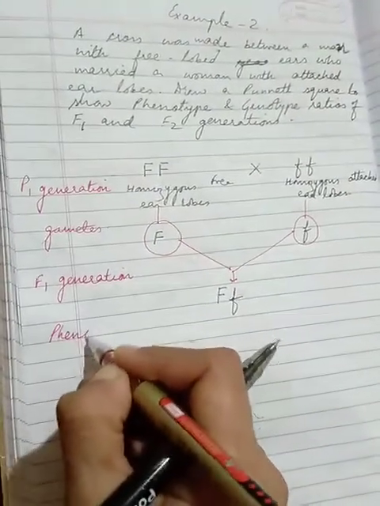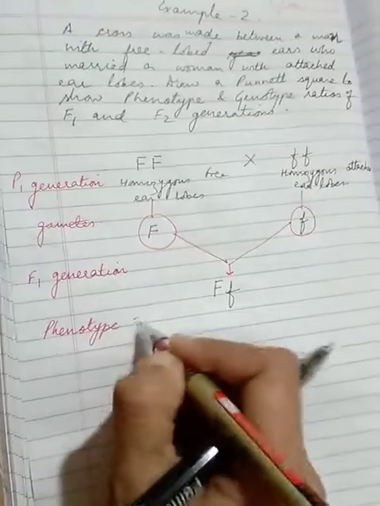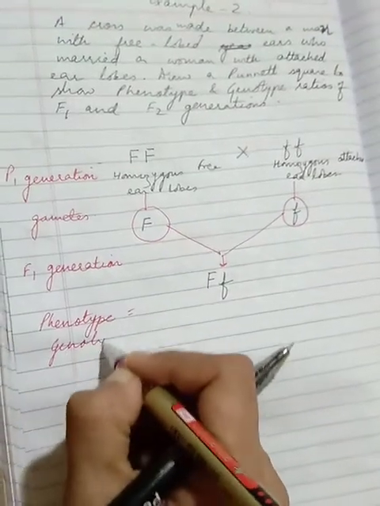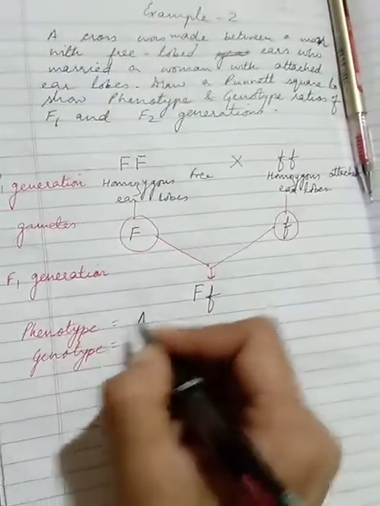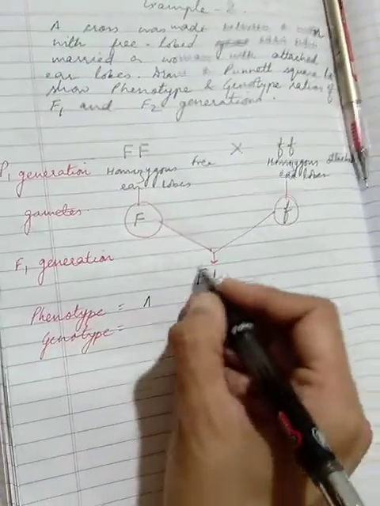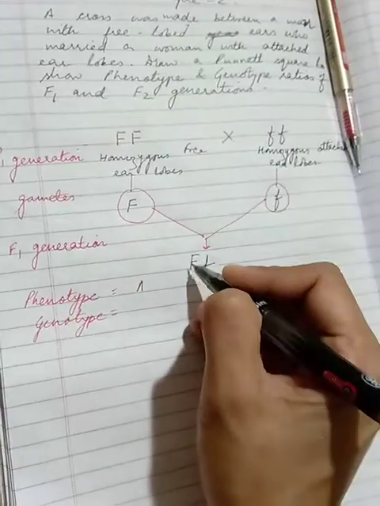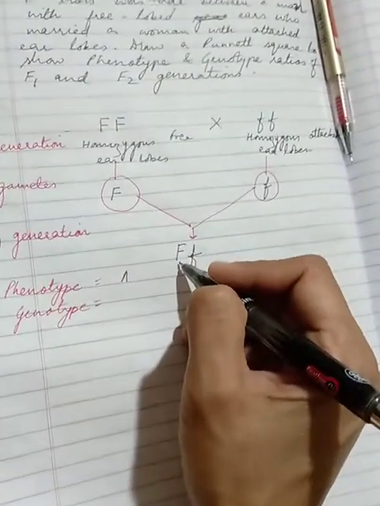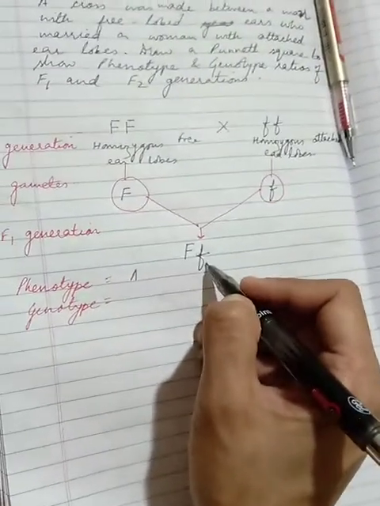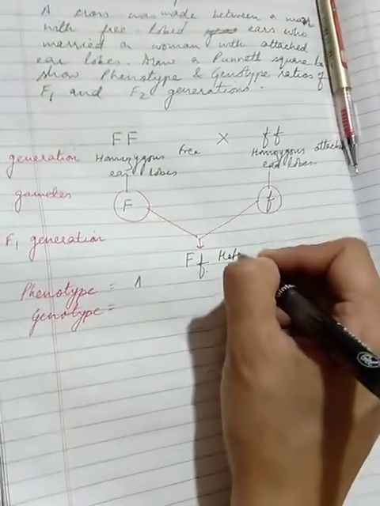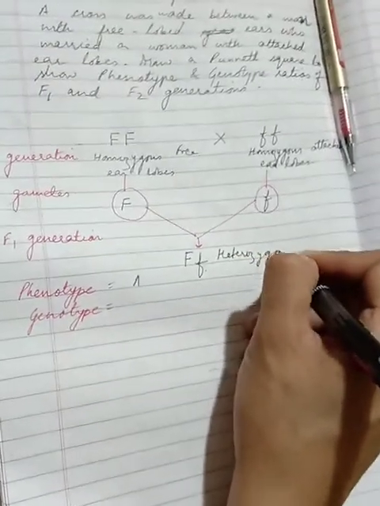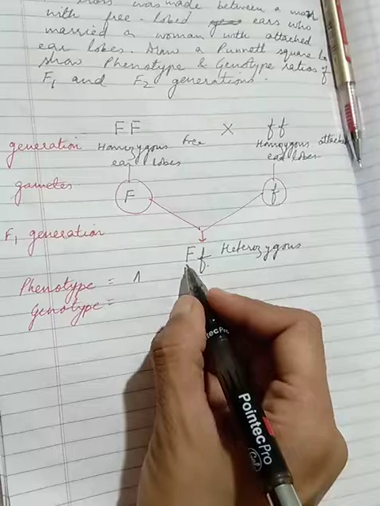But what would be the phenotype and genotype as asked in the question? Phenotype is physical appearance you're talking of. What will be such children born to such parents? Yes, you're right, they will be heterozygous, but they will all have free earlobes because this is capital.